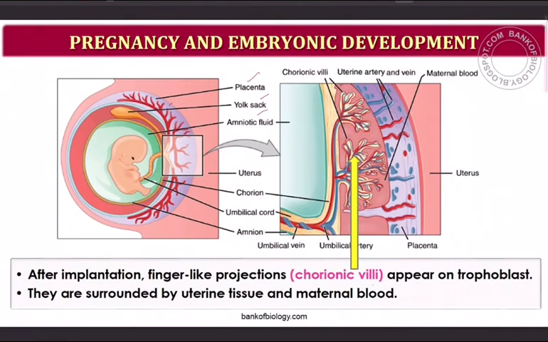There will be a lot of yolk, the fat content, and surrounding the growing embryo there is a fluid called amniotic fluid, which is very useful in overcoming physical stress. All this happens inside the uterus, and the chorionic villi supply blood, nutrition and oxygen.